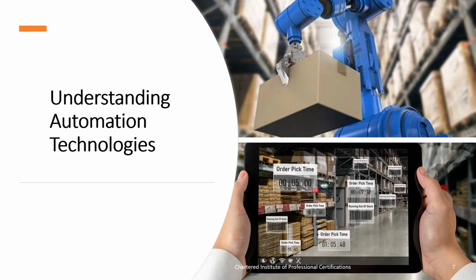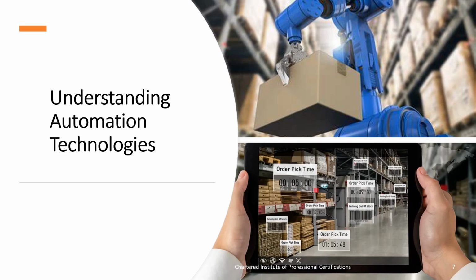Artificial intelligence introduces an advanced layer of sophistication to supply chain automation. AI algorithms can sift through enormous volumes of data, offering valuable insights and making accurate predictions. For example, AI can be used to forecast demand, assisting companies in optimizing their inventory levels and minimizing waste.